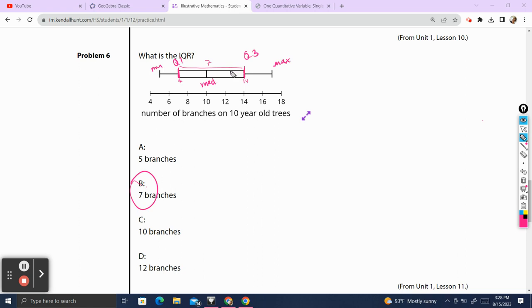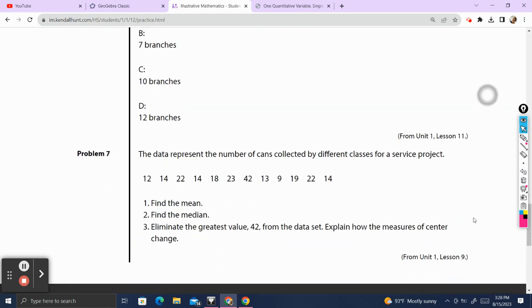So IQR is equal to Q3 minus Q1, and in this case, it is 14 minus 7, so it is equal to 7. And the units are branches, which is why it is 7 branches. Let's go on to the next question.